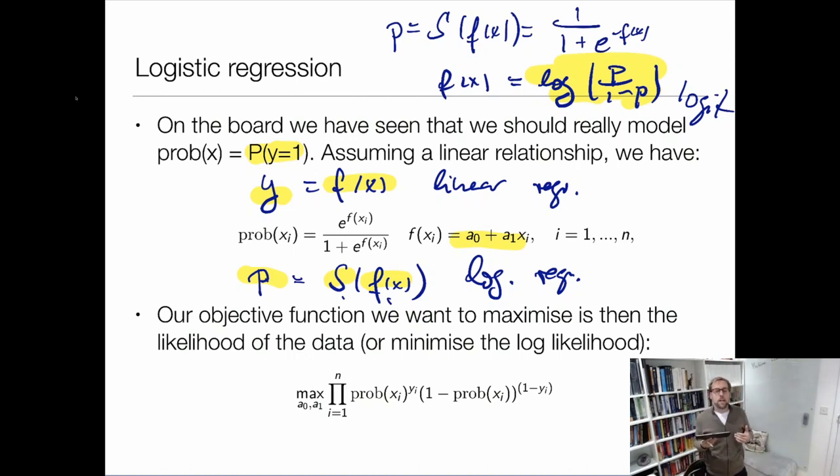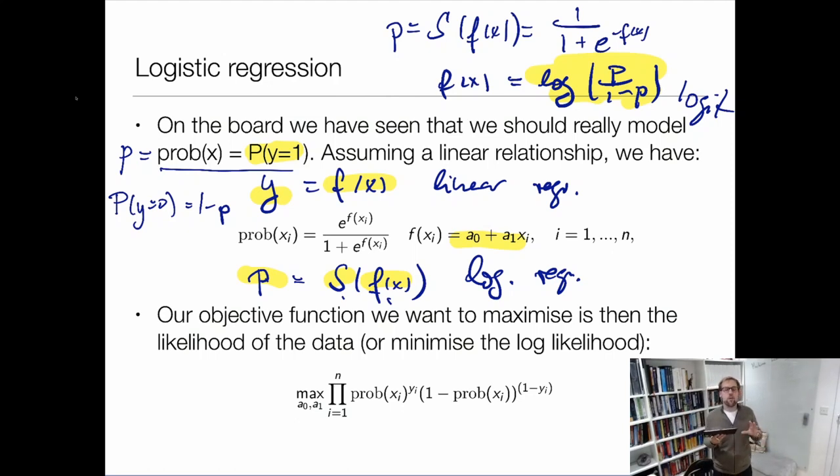The likelihood, as we knew, is just a product of the probabilities. If all these observations are independent, all I have to do is multiply the probabilities, or probability density function to be more precise. Given that P is the probability for the label being 1, I also know that the probability for the label being 0 is just 1 minus P. If there are only two labels, and the probability is P for it being 1, it must be 1 minus P for it being 0.